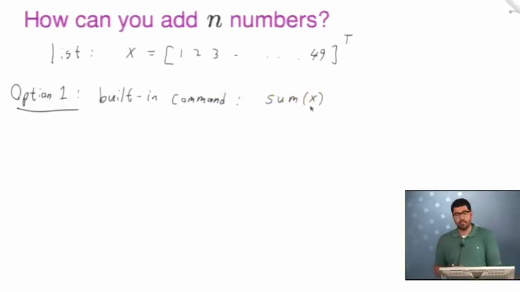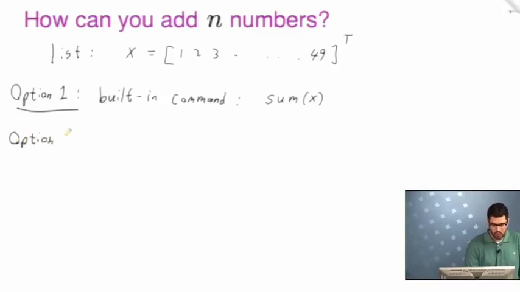And if you just type this into your console, it'll give you the solution. So you basically don't even have to know what's going on underneath the hood. That's one option.